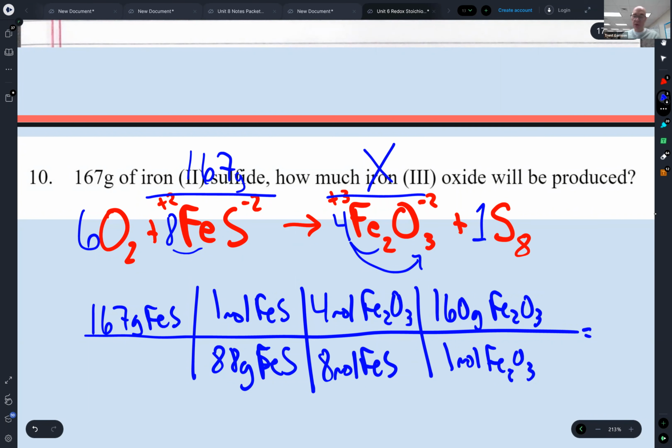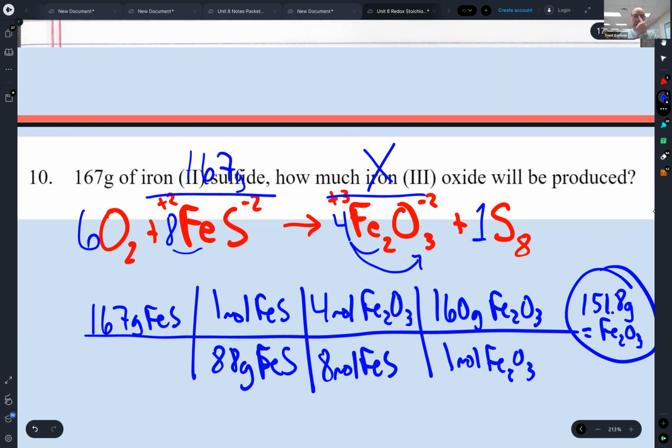So now I multiply all the numbers across top, 167 times 4 times 160 divided by 88 divided by 8, and I get 151.8 grams of Fe2O3.